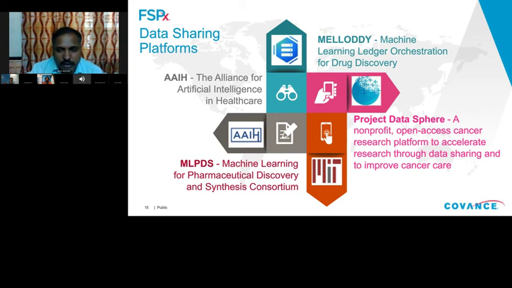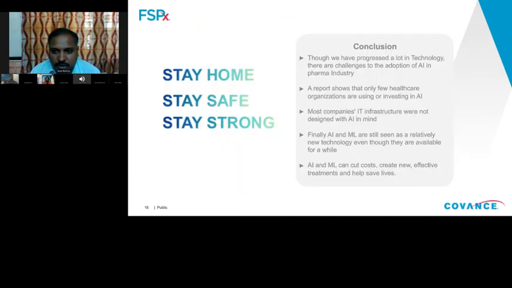So that means we are trying to leverage the technology to save more lives than what we did before. So with this, I can conclude my session, saying that though we have a lot in this technology, we have challenges in adapting to artificial intelligence in our industry. And also a report says there are not many health organizations who are using it. And if we try to get into the industry now, there are challenges, like we don't have the proper IT infrastructure set, because our IT infrastructure is not set with artificial intelligence or new technologies in mind.